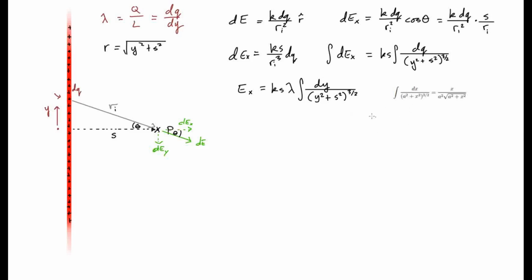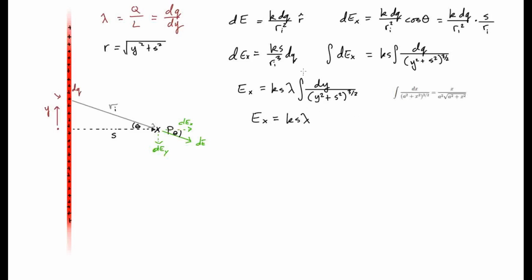The a here represents our constant s, and the x here represents our variable y. And so we can take this portion and equate it to this portion here. That means that the sum here will be k s lambda.